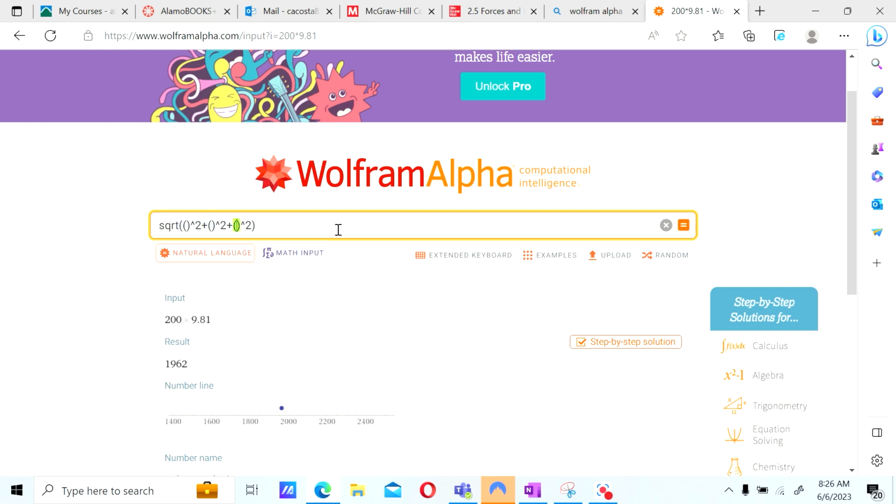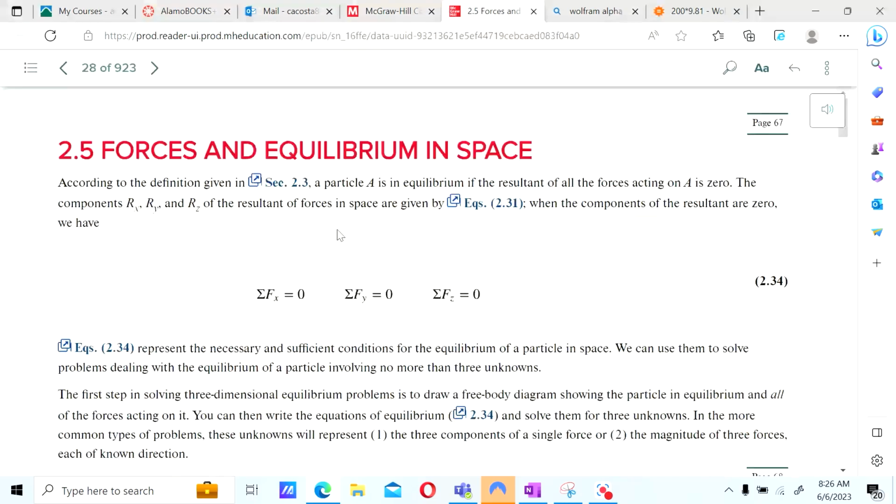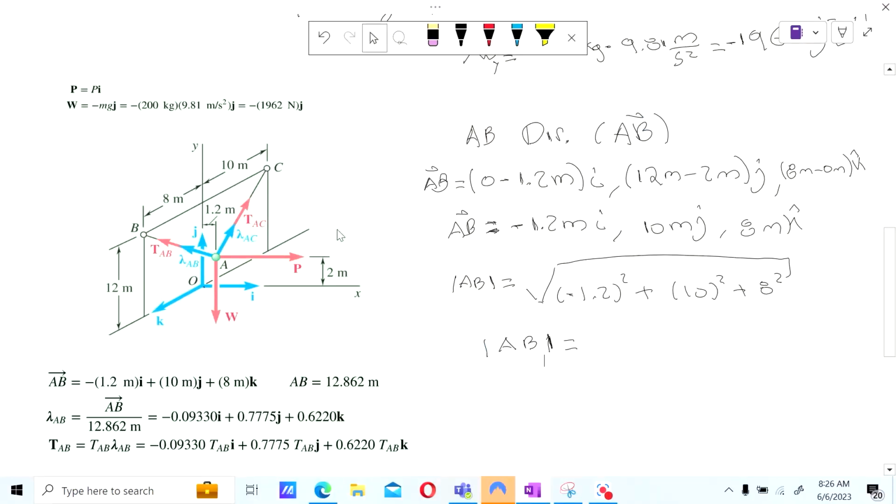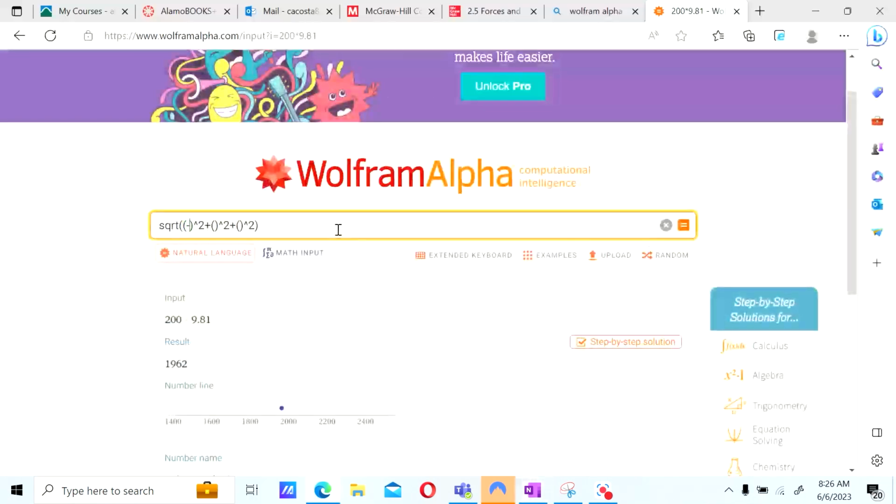The first component is negative 1.2, the second component is 10, and the third component is 8.